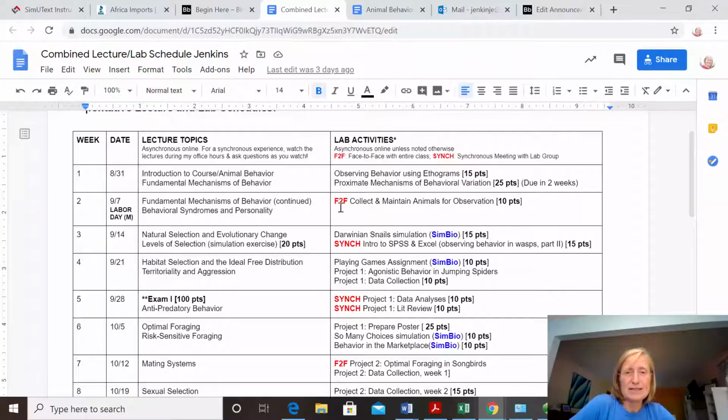And you'll also see the term FTF, that means face-to-face. We have a couple of face-to-face meetings. And we also have the term sync listed here. That just means that you'll need to meet with your lab group, virtually or possibly in person, during that week to work on a project that we're working on.